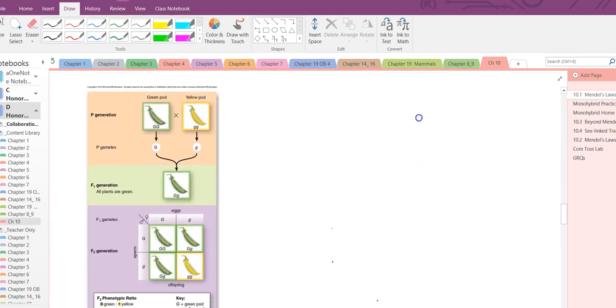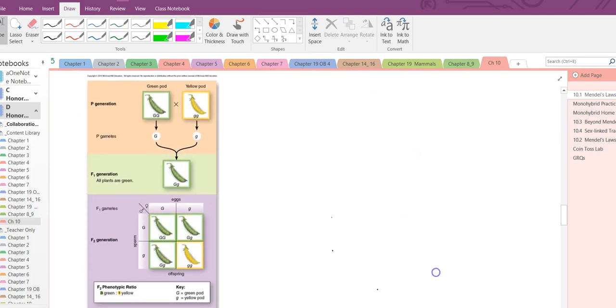And so Mendel was able to explain all of this by using letters that he assigned to the problem. So here in my P generation, I'm going to be looking at green and yellow pods. Green is dominant. Remember that if I'm a green pod pea plant, I got an allele from mom's egg and an allele from my dad's sperm. If you're green, both letters have to be capital. And if you're purebred, they both have to be the same.